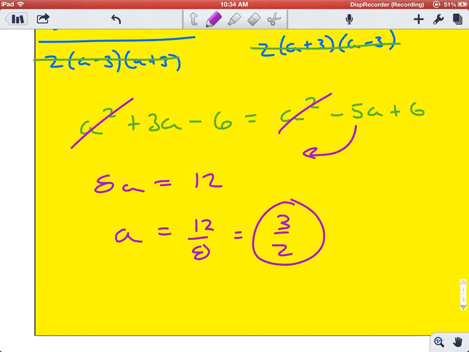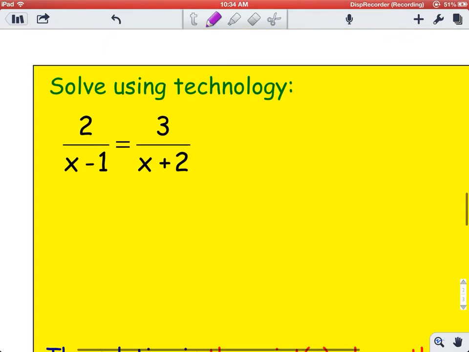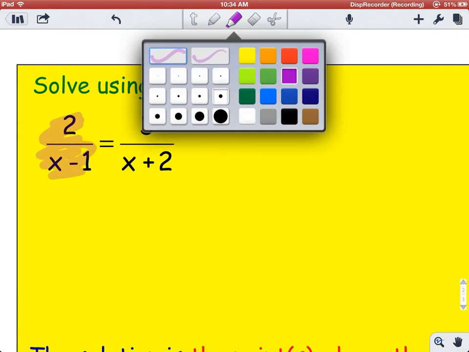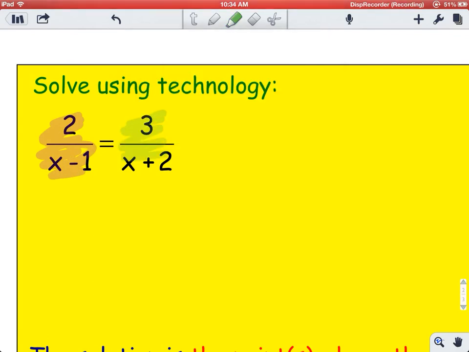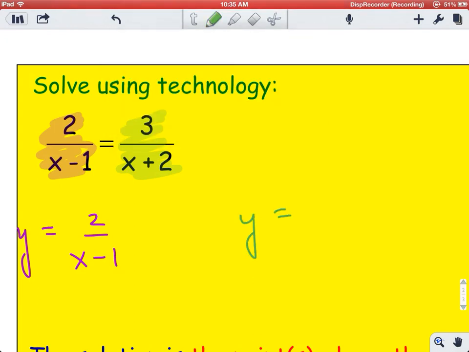Let's take a look at some problems now using technology. And the easiest way to do this is to separate these into two different equations. And what I mean by that is I could take one equation, call it y equals 2 over x minus 1, and then I could take a separate equation, call it y equals 3 over x plus 2.